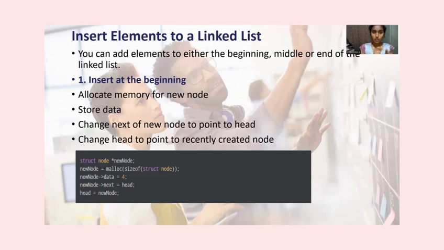Change head to point to the recently created node. I have given a simple example over here. Struct node, new node equals malloc of size of struct node, new node data equals 4, new node next equals head, head equals new node. So this is a very basic program.